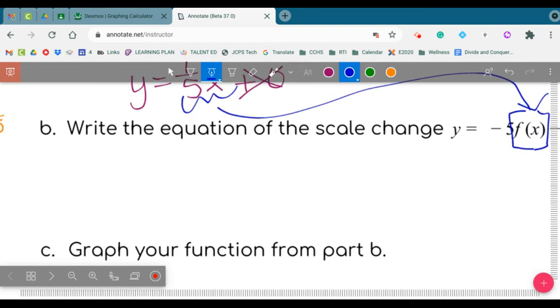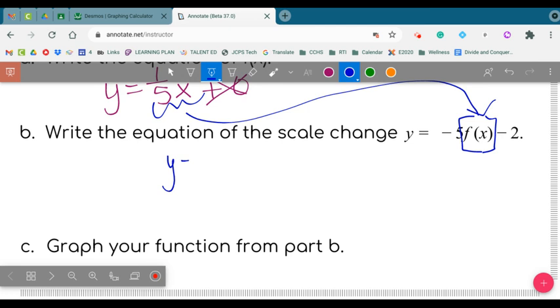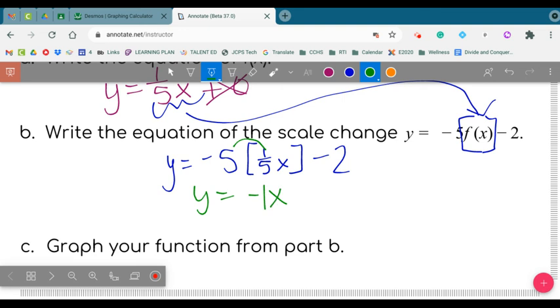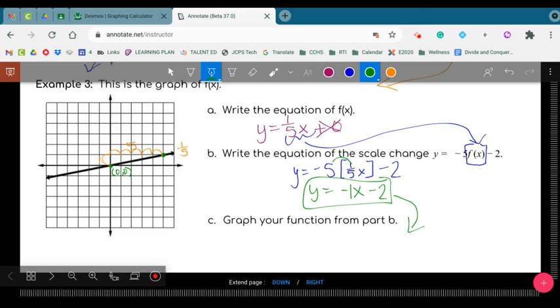So you're going to have y equals -5, and then my equation from the first one is going to go in those brackets for f of x, and then -2. So you get y equals -5 times 1/5, which is going to give me -1x minus 2. So that one I don't have to do as many steps, and then I'm going to graph it.